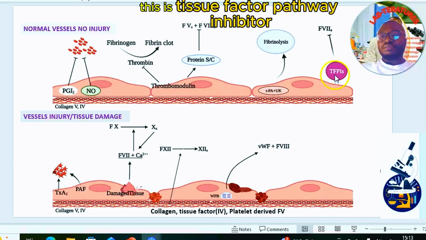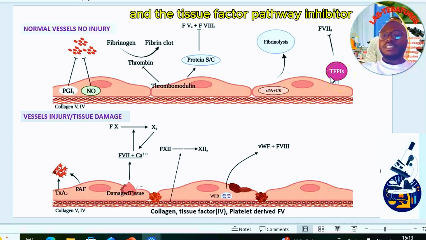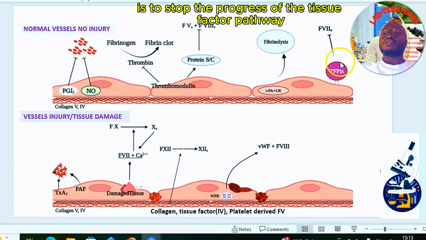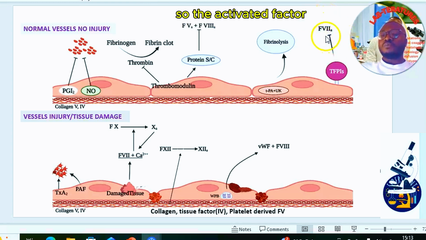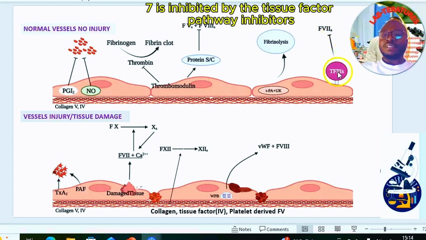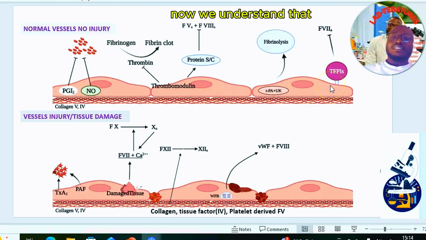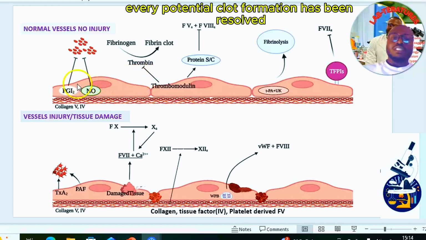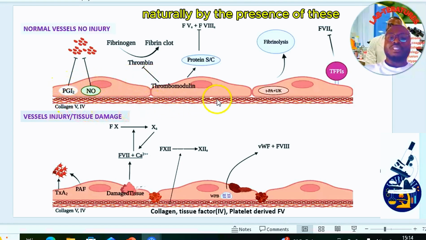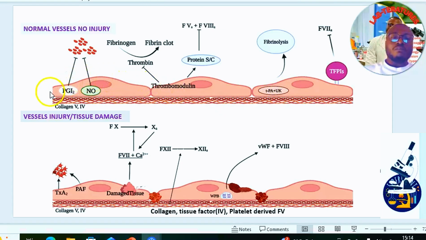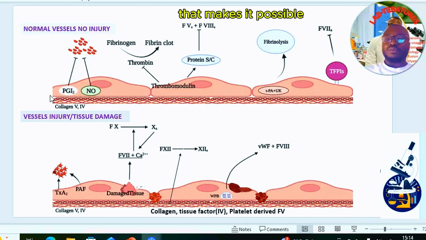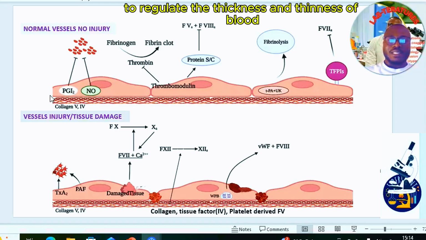This is tissue factor pathway inhibitor, and the tissue factor pathway inhibitor is to stop the progress of the tissue factor pathway, which is the extrinsic pathway of the clotting cascade. So the activated factor 7 is inhibited by the tissue factor pathway inhibitor. Now we understand that every potential clot formation has been resolved naturally by the presence of this vascular endothelium and its special components that make it possible to regulate the thickness and thinness of blood.